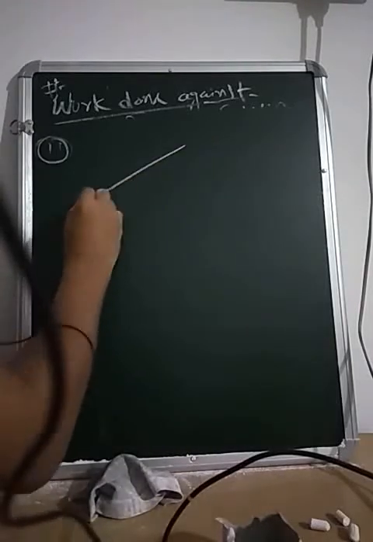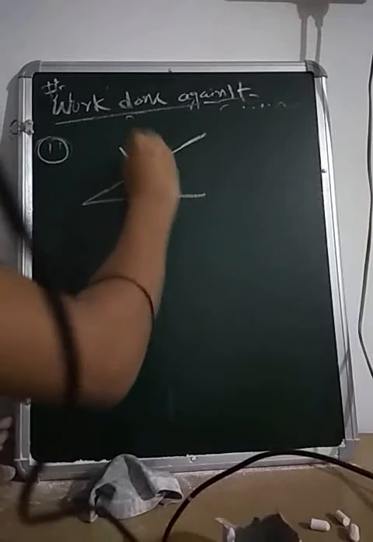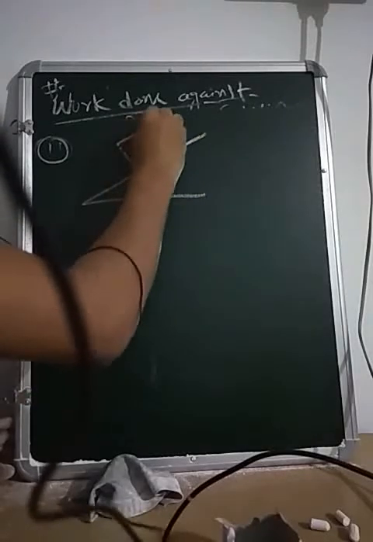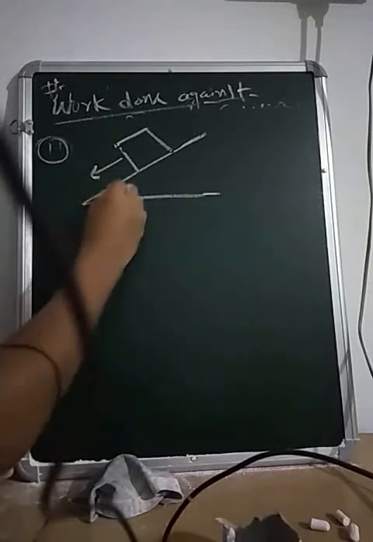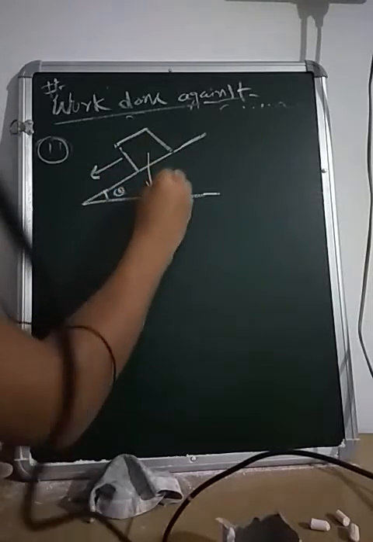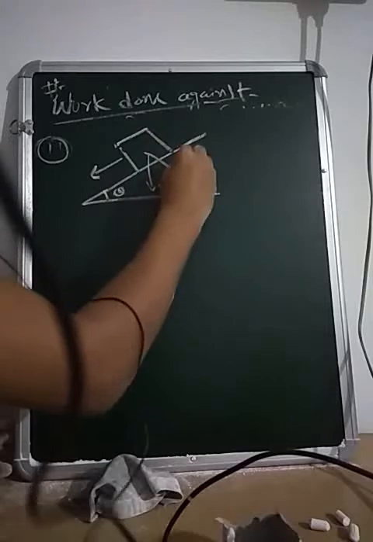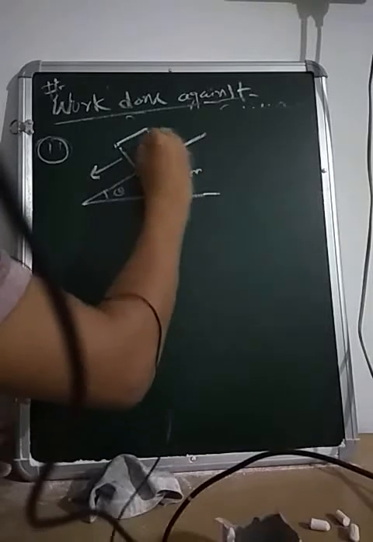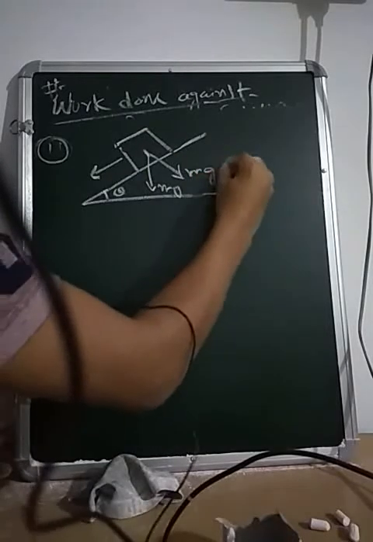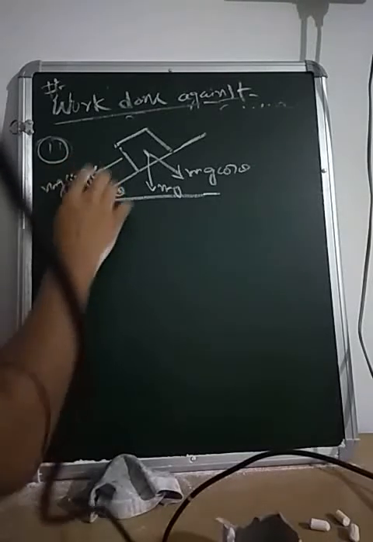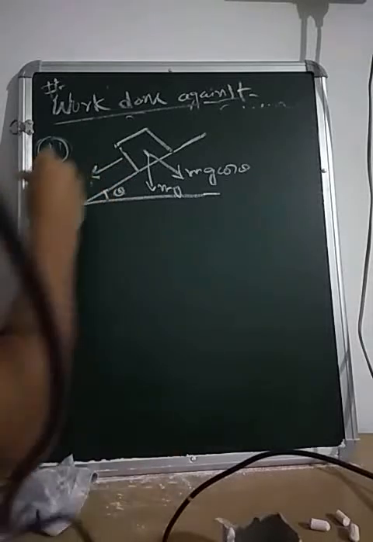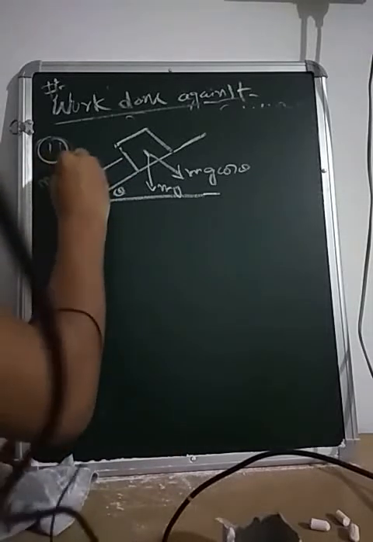In the next case, on a similar inclined plane, we are moving this mass m in the downward direction. The inclination is theta. In the same way, we resolve mg into two components, mg cos theta and mg sin theta.